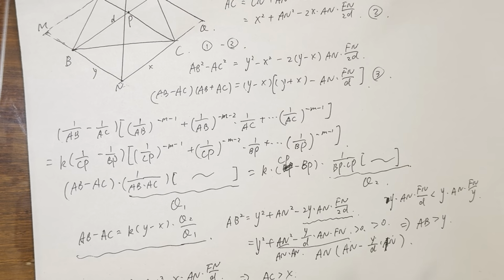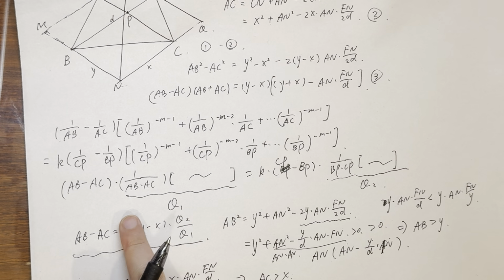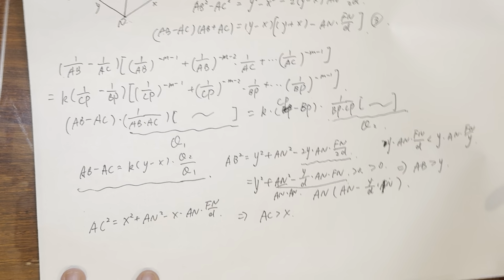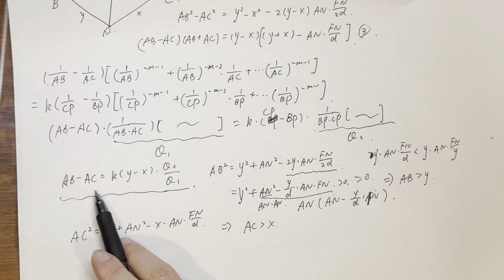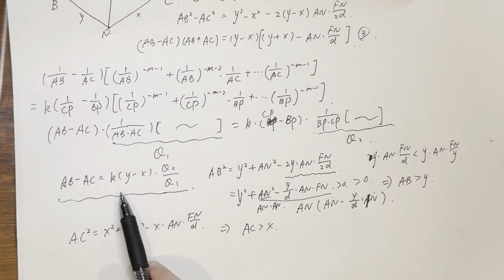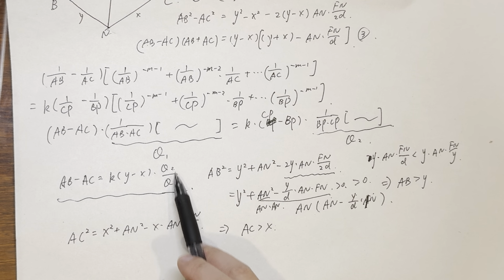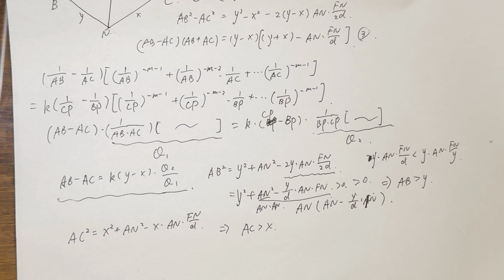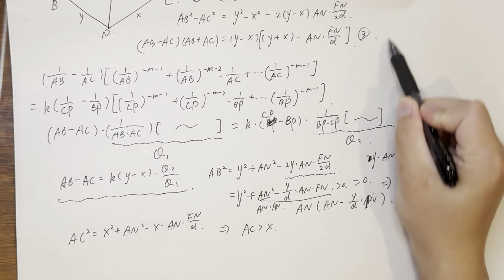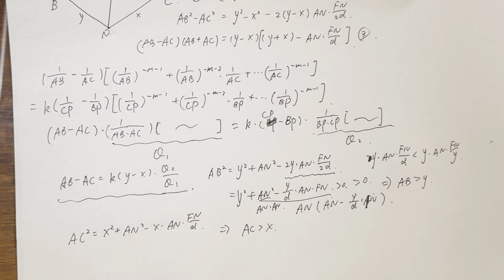Okay, so now let's come back to our problem set here. We know that AB minus AC equals k times y minus x Q2 to Q1. Right, and remember we have this equation here, so let's just replace.